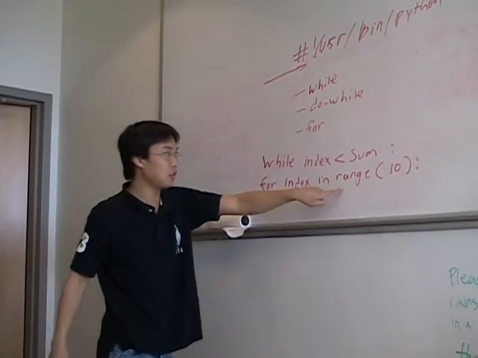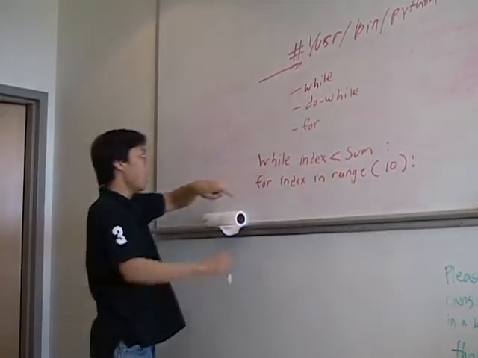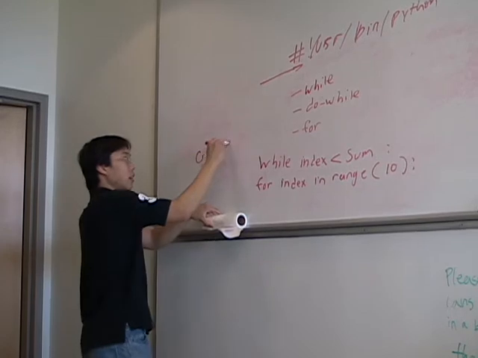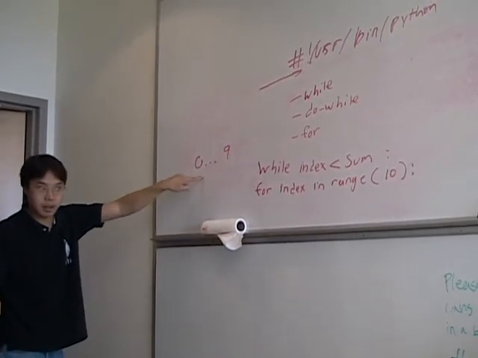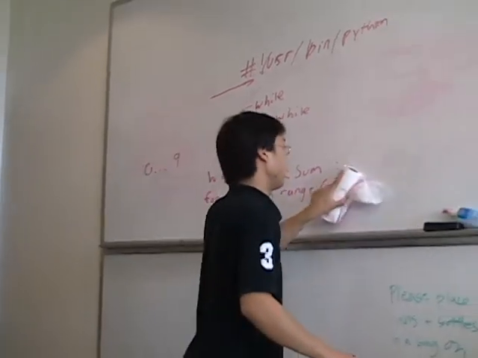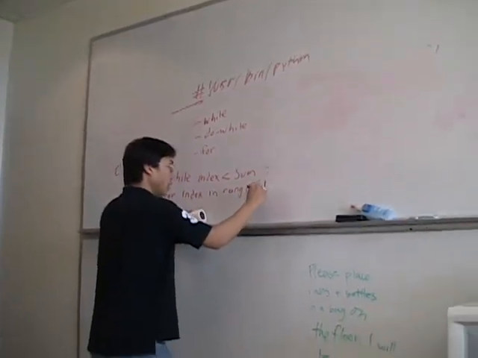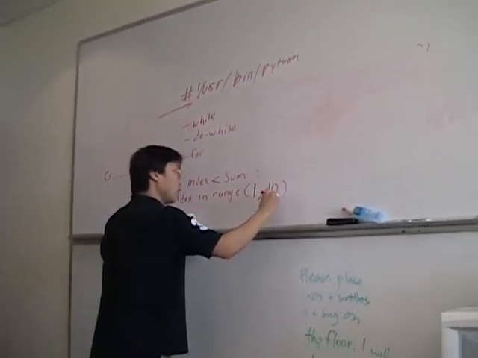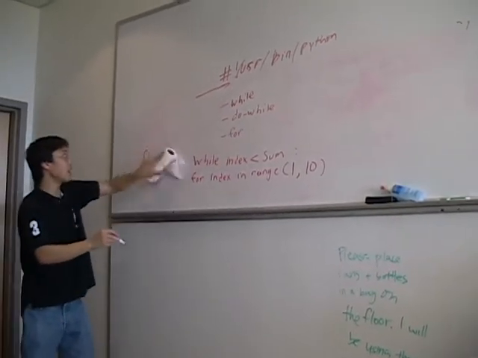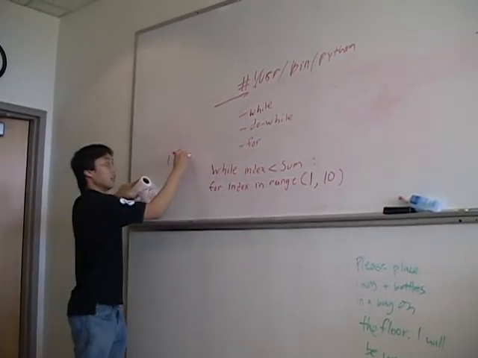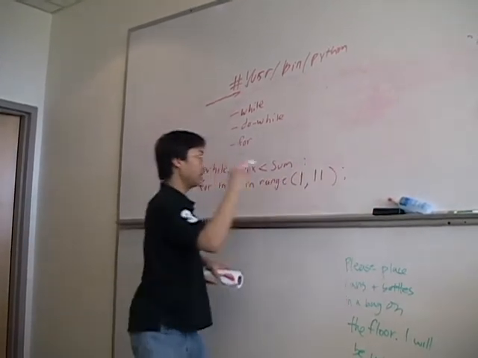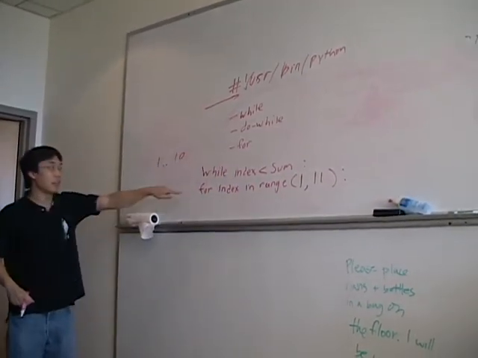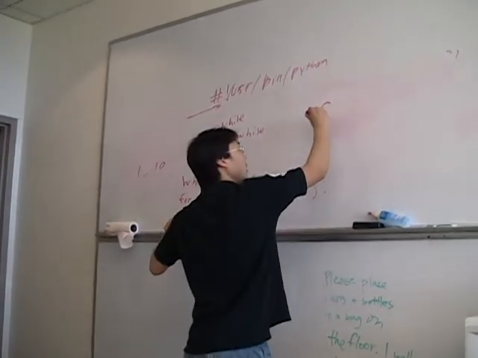So if you call this function range 10, it's going to go from 0 to 9. If you don't want to start from 0, you want to start at 1, you have to do this. 1 through 10. Now, if you actually want to do 1 to 10, you have to increment this. 11, right?